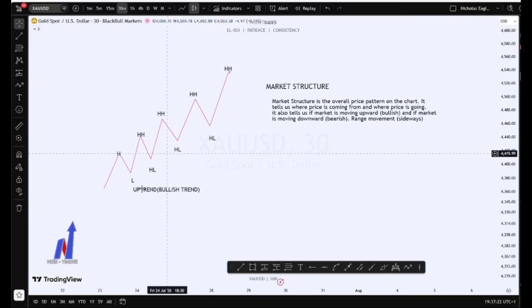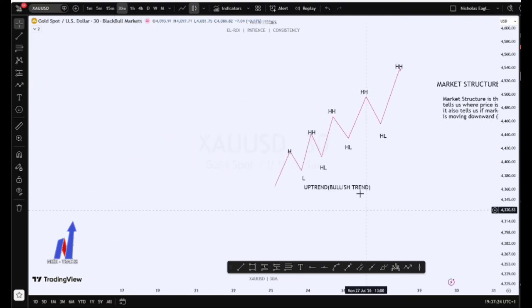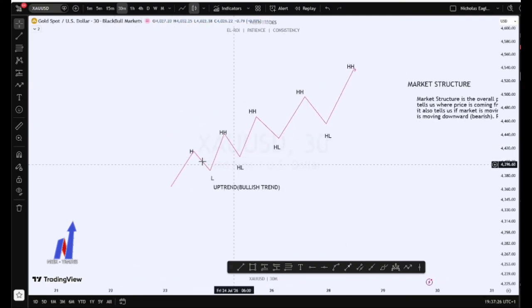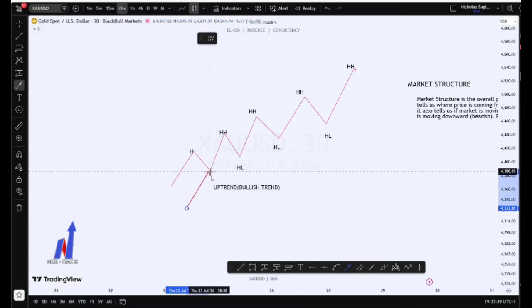As you can see from this diagram, we have a high, we have a low. Market is coming from this point. We have a high, we have a low, and now this move breaks this previous high to give us a new higher high, and this higher high drops down to give us a new higher low, higher than this previous low.